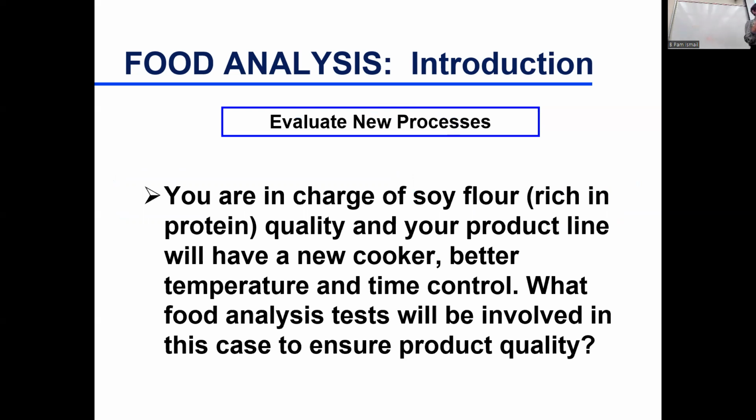Last time we gave an example about product development. In this example, new processes. Again, in this case, they look for lower cost, efficiency, speed, so they sometimes change equipment or replace old equipment. This example comes from real life. I was on sabbatical for a year and worked at Cargill, and this situation came to us.